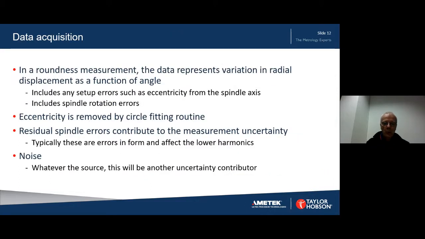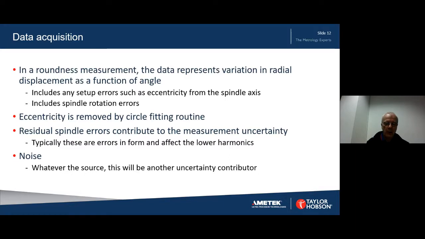When a roundness measurement is made, variations in gauge deflection are recorded as a function of spindle angle. These variations are a combination of component errors, setup errors, rotational errors from the instrument, and other factors such as noise. Small errors in eccentricity will normally be removed by the analysis.